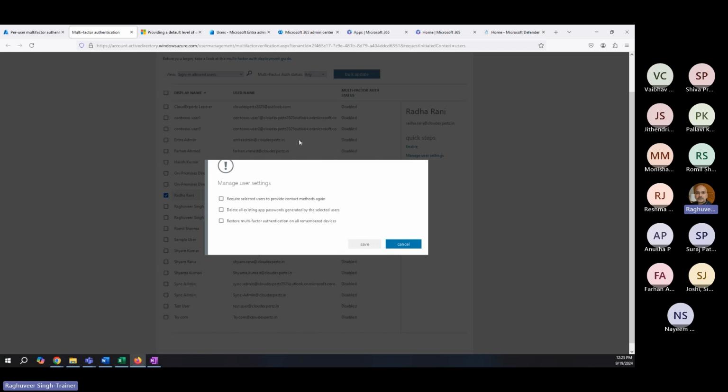When I click on manage user settings, it says require selected users to provide contact methods again, delete all existing app passwords generated by selected users, and restore multi-factor authentication on remembered devices. We use these options as additional settings when the user is not able to use multi-factor authentication, when it is not working. That's what the setting is.